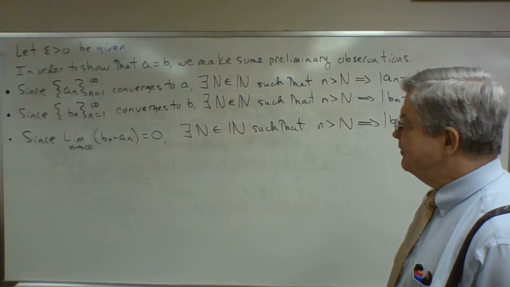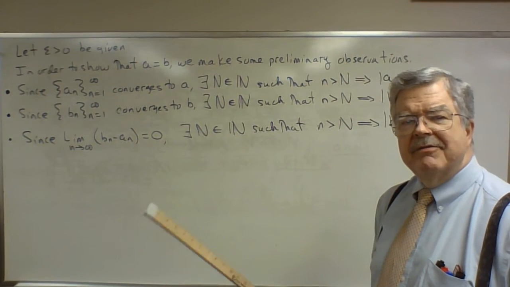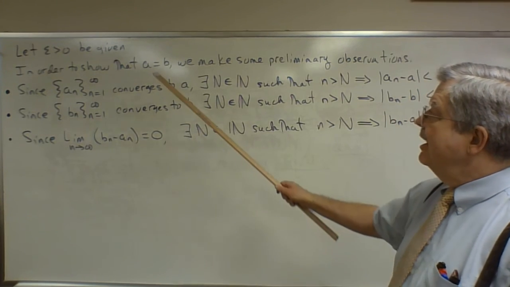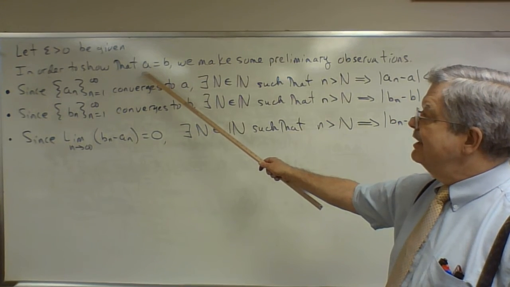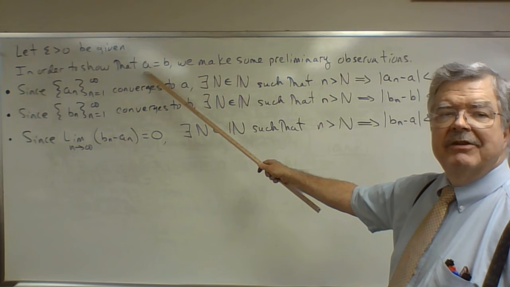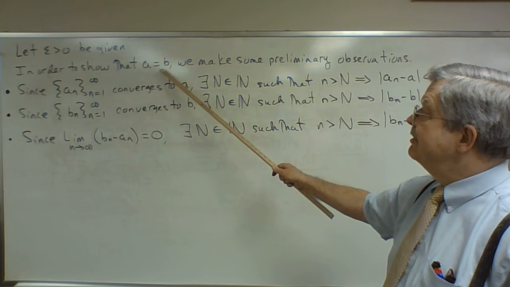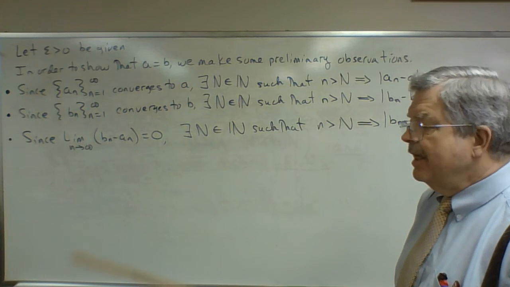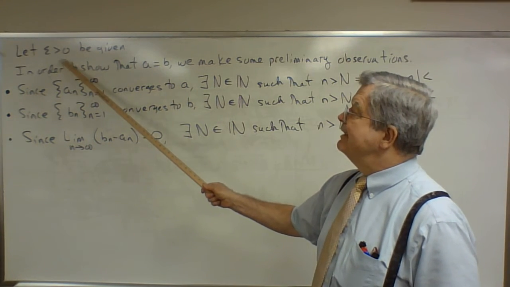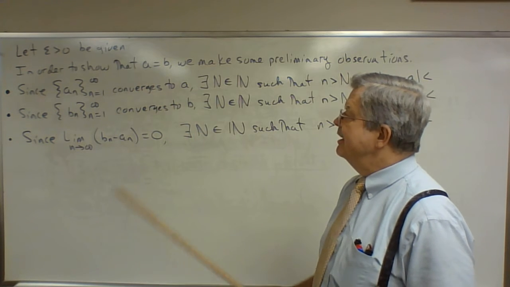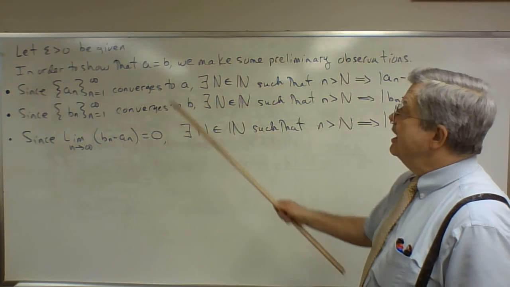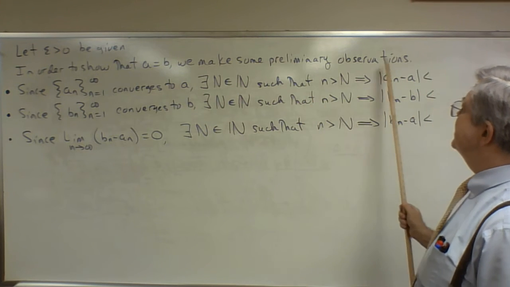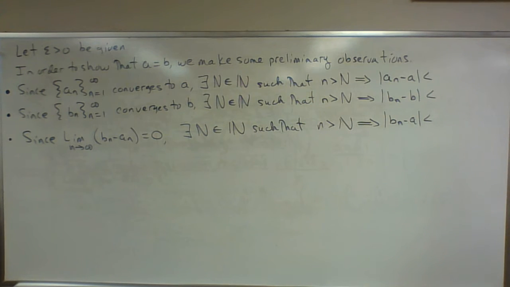Okay, we're back. And our objective is to show that A and B are equal. A, the least upper bound of the sequence of A sub n's, and B, the greatest lower bound of the sequence of B sub n's, are equal. So we start off by saying, let epsilon greater than 0 be given. And in order to show that A and B are equal, we make some preliminary observations.